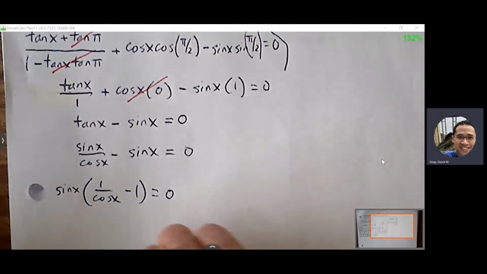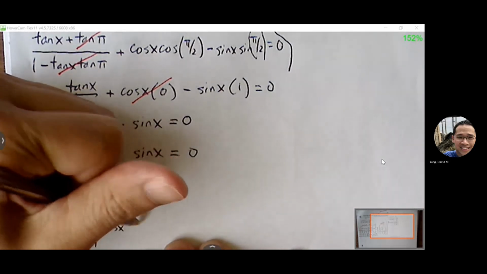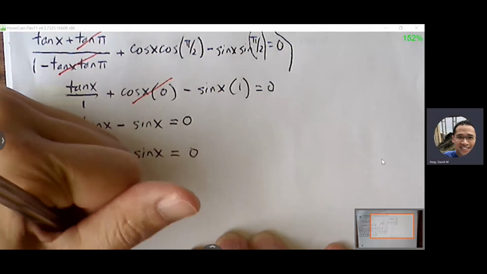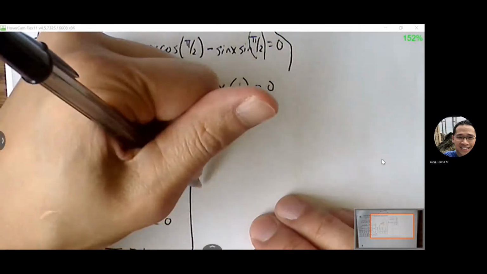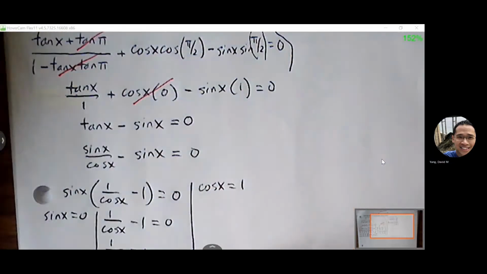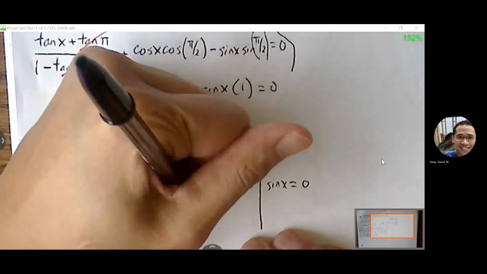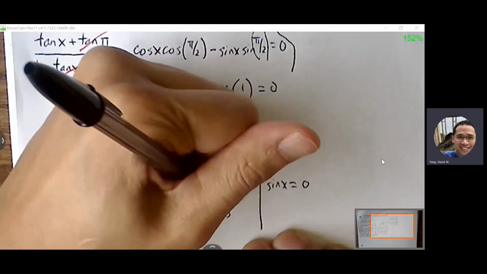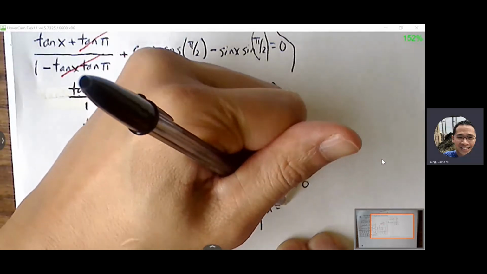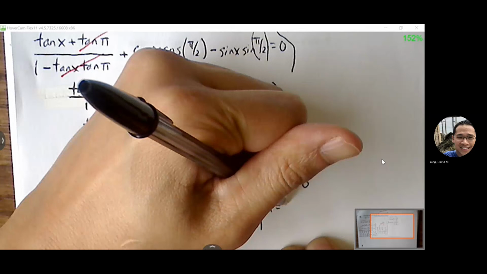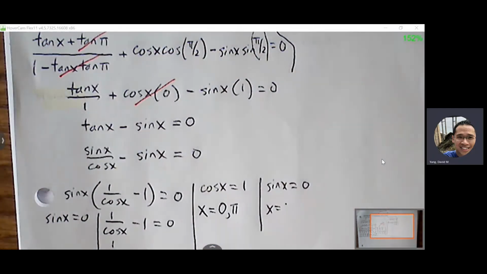Set each piece equal to 0. Oh, 2 pi, not pi.